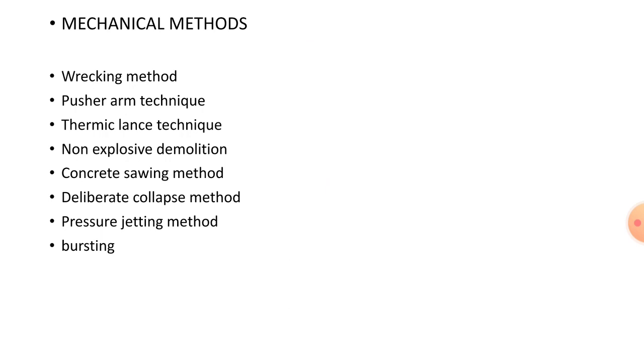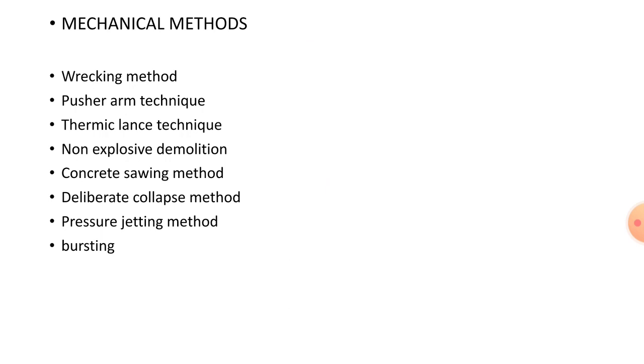The mechanical methods deal with certain different methods like racking method, pusher arm method, thermic lance technique, non-explosive demolition, concrete sawing method, deliberate collapse method, pressure jetting method and bursting method.